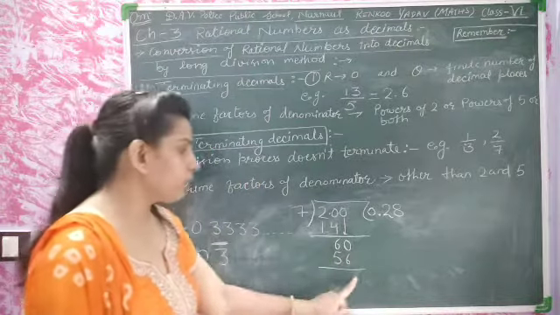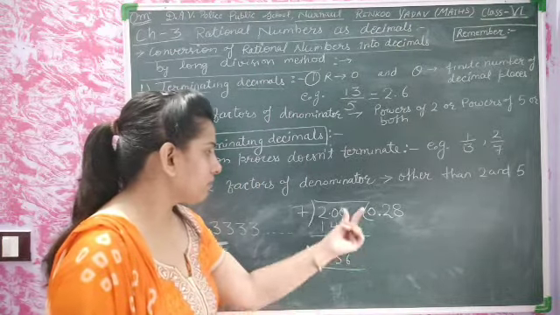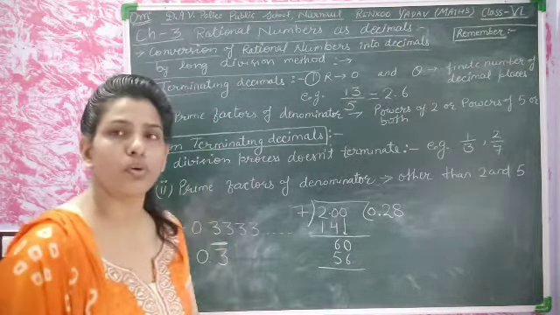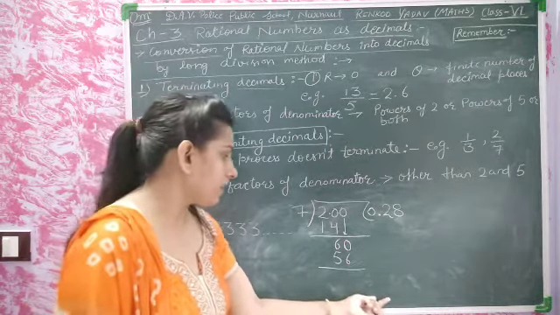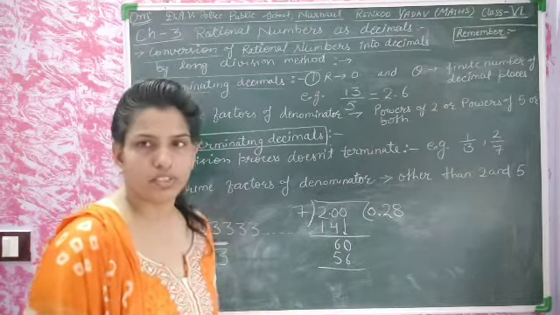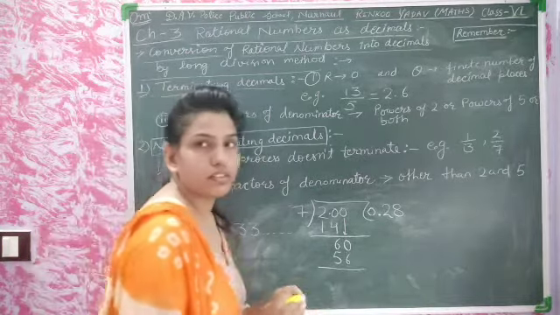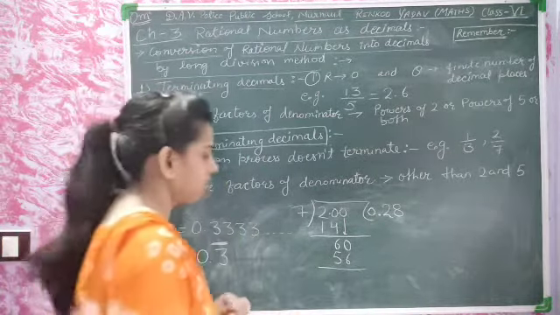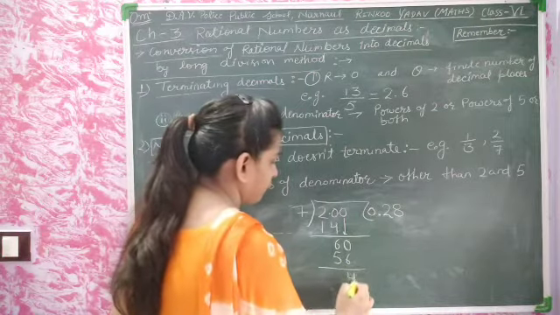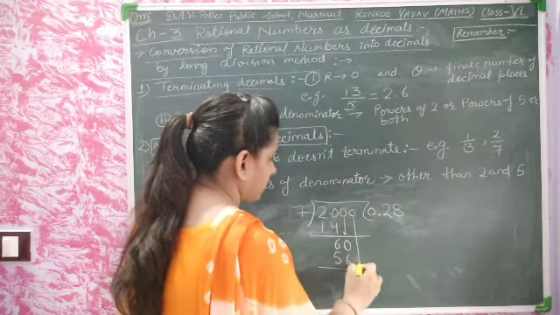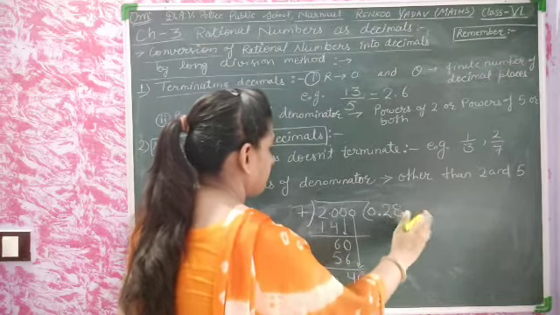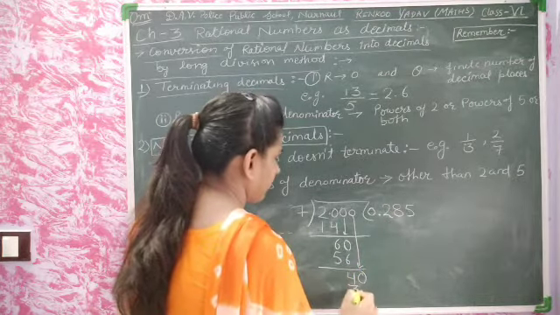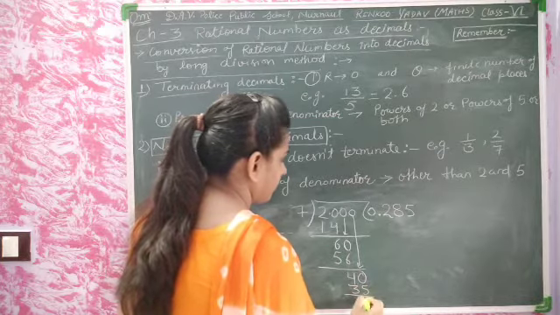Okay, we will do this until we get 0, or we expect that at some place there must be 0, but it doesn't happen. Let's see. There is 4, and now taking another 0. 7 5s are 35. There is remainder 5.